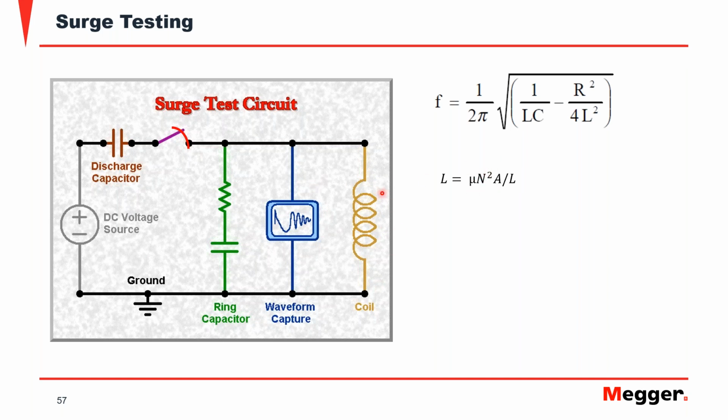So what we're doing here is we are injecting a voltage into the coil and creating a resonant circuit. And as we increase the voltage, there will be a point where, if there is a fault in the coil, some turns of this coil will be shorted. When you have shorted turns, the effective number of turns in that coil is going to drop, effectively dropping the inductance.